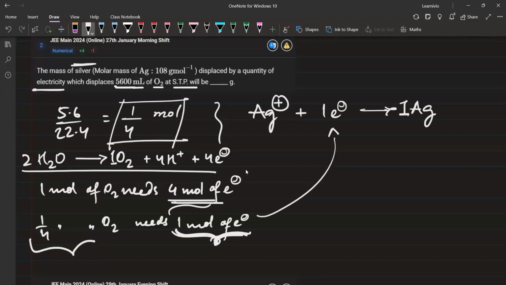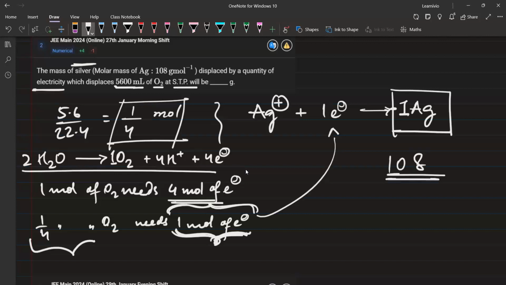If we use this many moles of electron to displace Ag, we will be getting 1 mole of Ag. And the mass of 1 mole of Ag is 108. Okay, so the answer will be 108. Please copy this down.